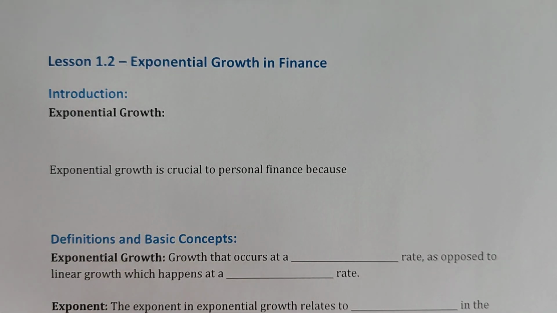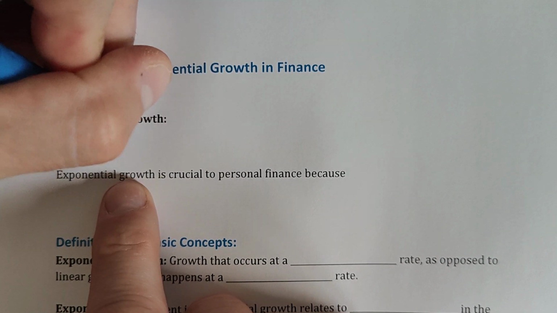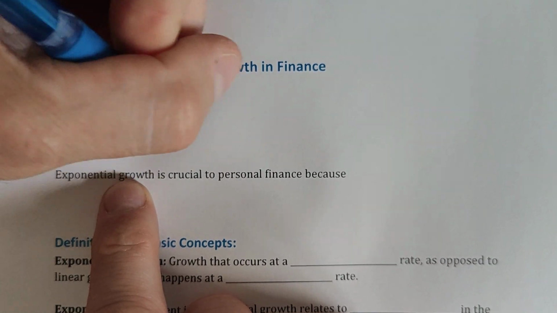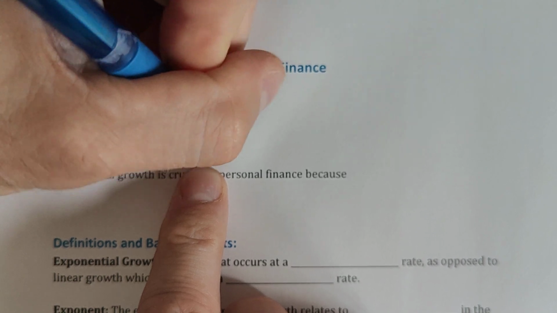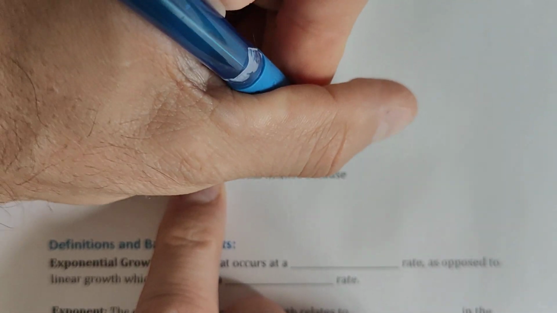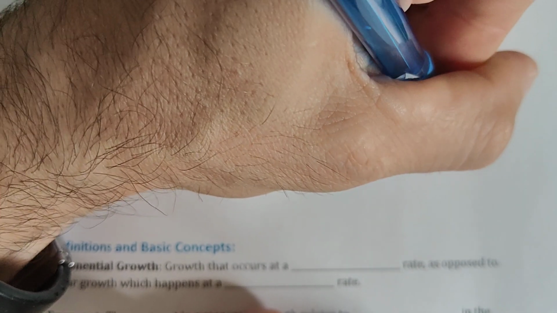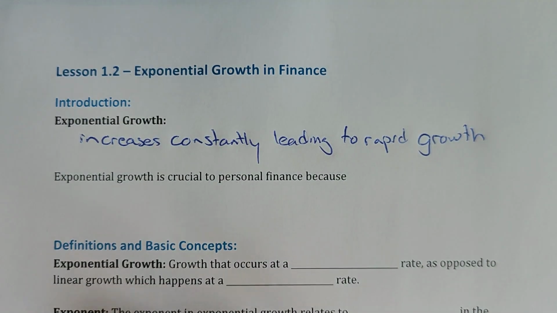And this is what exponential growth is: something that increases constantly such that it leads to rapid growth. That is the key idea here with exponential growth.